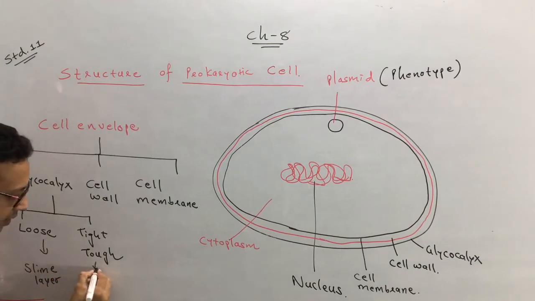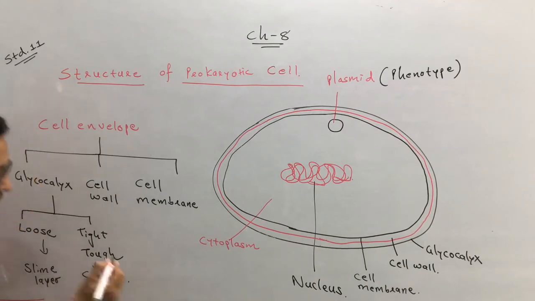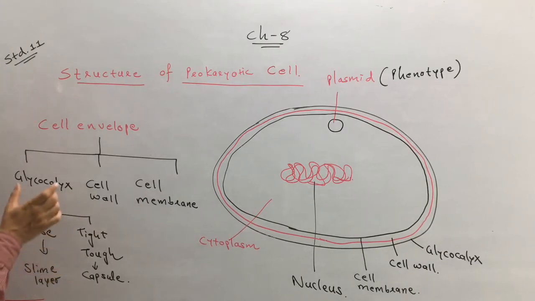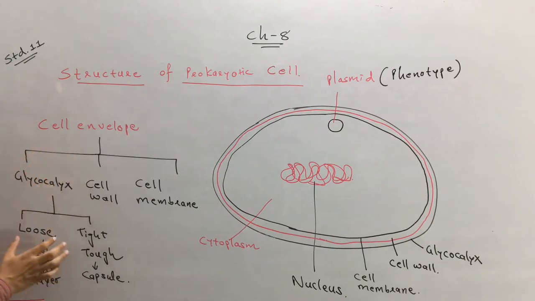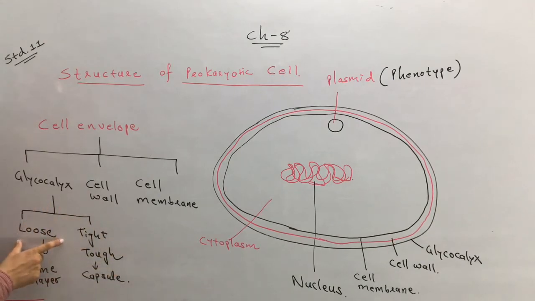If it is tight and tough, then it is called a capsule. So the glycocalyx provides protection. If it is loose, it is a slime layer; if it is tight and tough, it is a capsule. That provides protection.